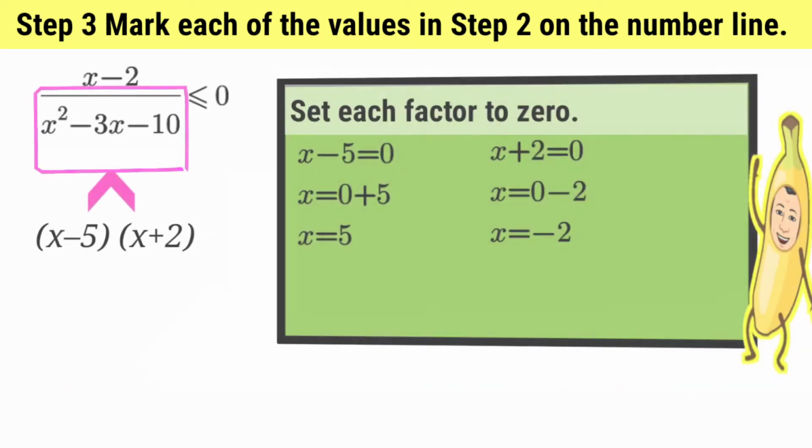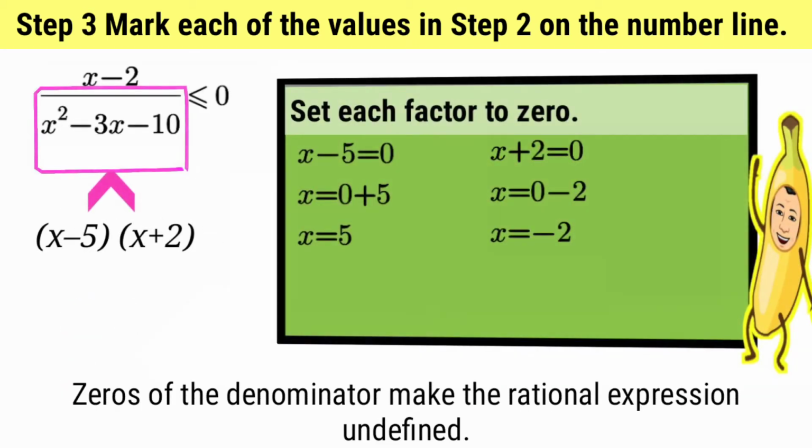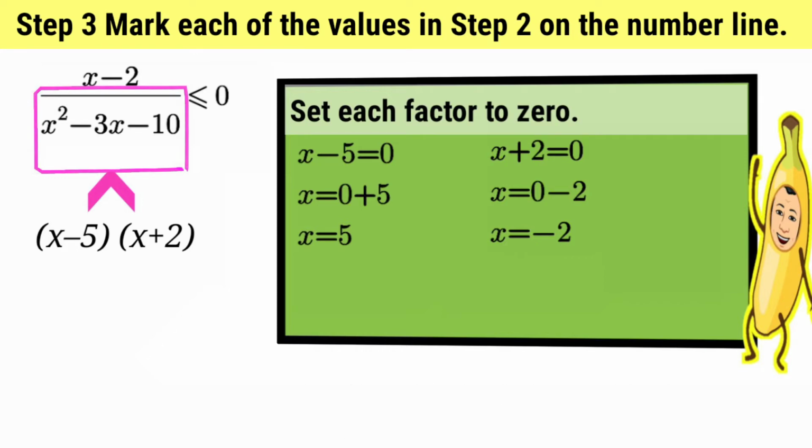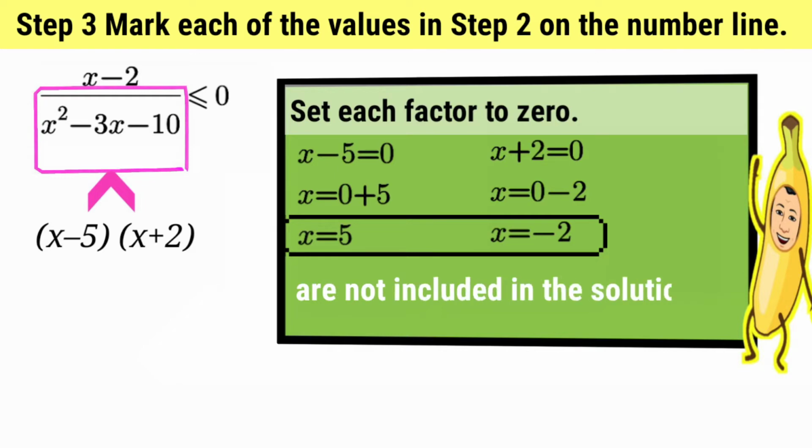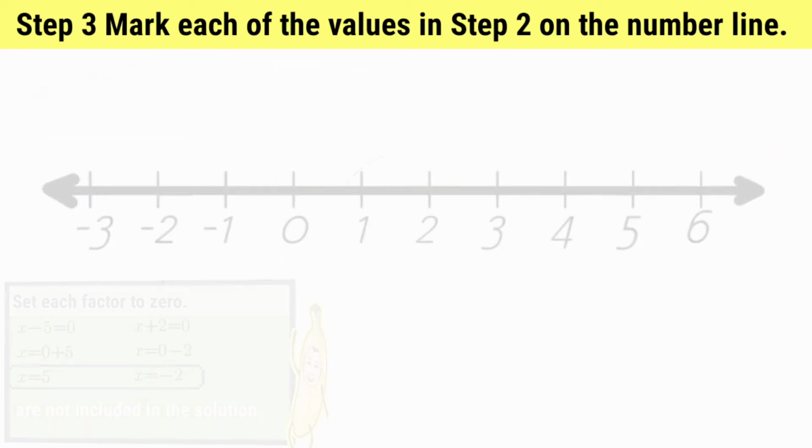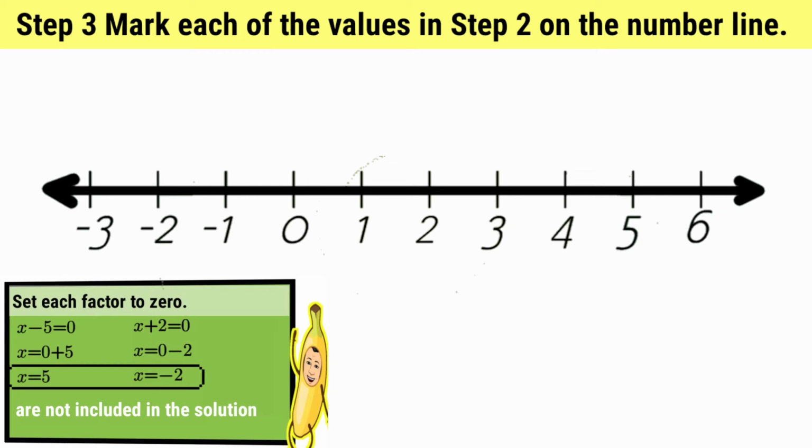Take note that zeros of the denominator make the rational expression undefined, so they must be immediately excluded or disregarded as possible solutions. Hence, positive 5 and negative 2 are not included in the solution, and let us mark these values using a hollow circle on the number line.